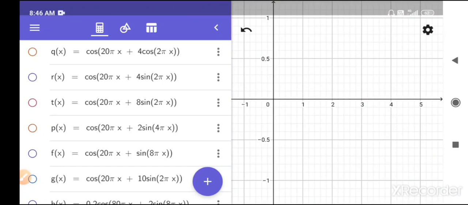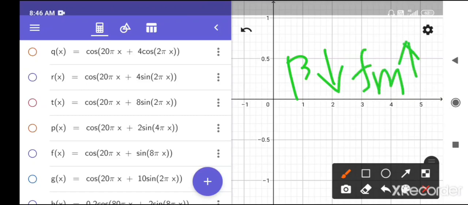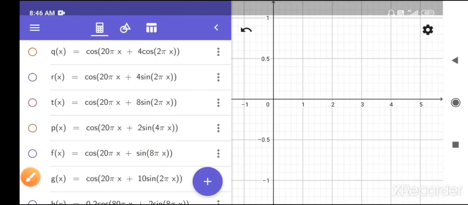And the third case is that we are increasing the fm value so that the beta value decreases, and the number of sidebands also decreases, so the number of cycles decreases. So this is the observation from this experiment.